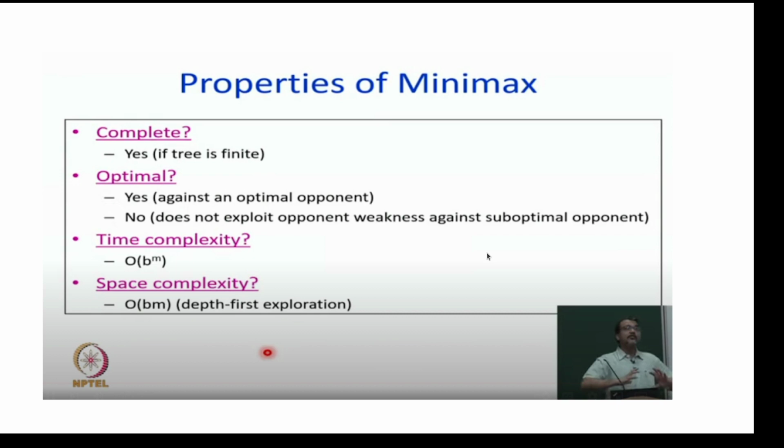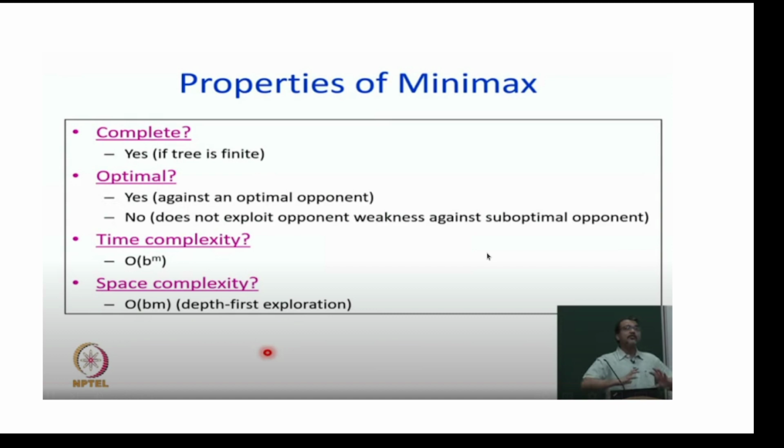Another situation is no, it will not give you the optimal solution, where it doesn't exploit the opponent's weakness against a suboptimal opponent. When the opponent is not taking optimal actions, then it is not guaranteed to give you the optimal solution.